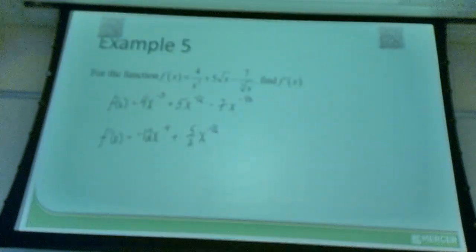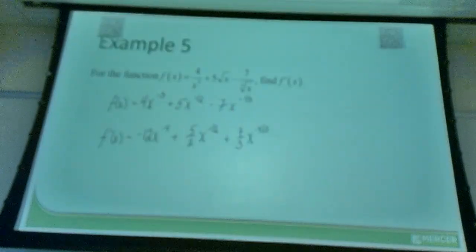And what is that third term? -7/3 x to the -4/3. Positive. If you ignore the minus out in front, yes, it's negative, but then minus negative.